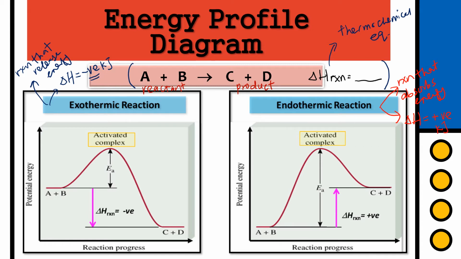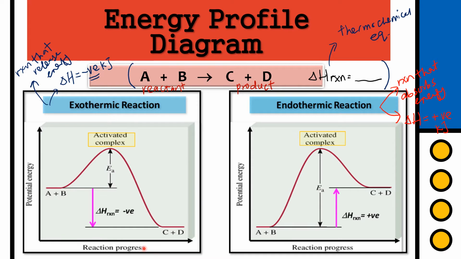Okay, now what's the difference between an exothermic reaction and an endothermic reaction? It's actually where we start to put our reactant and our product. Basically, if you look here, the axis is the same, where we have potential energy against reaction progress.